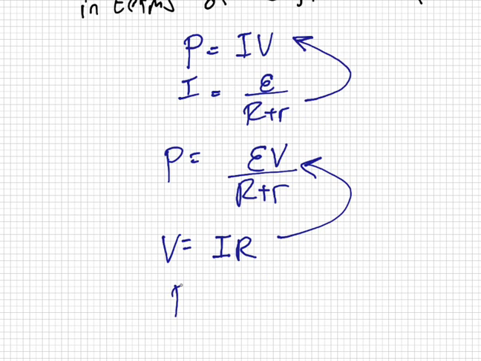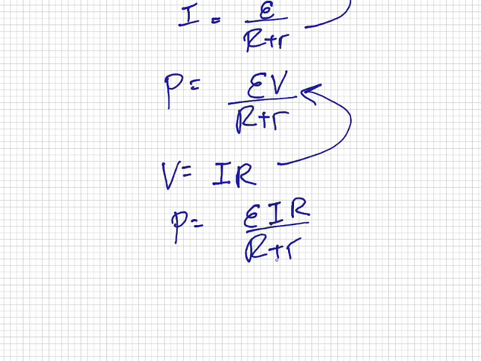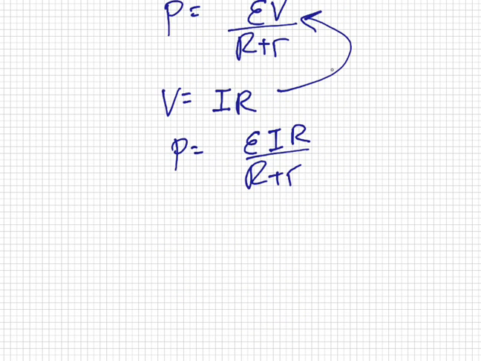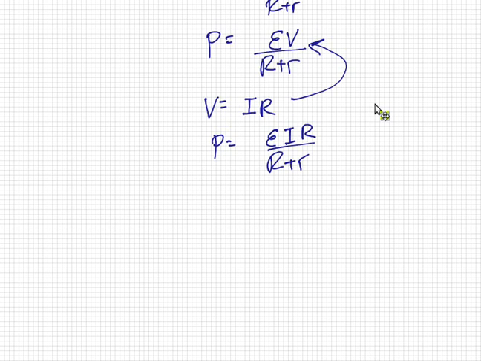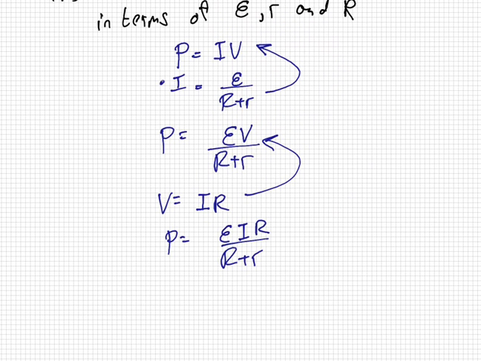So you get P equals E I, R over R plus r. Oh, we still have to do something about this I. So what's next now? Same formula, I equals E over R plus r. So now this one goes in there.